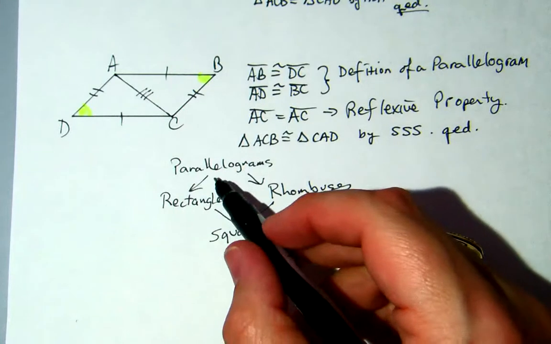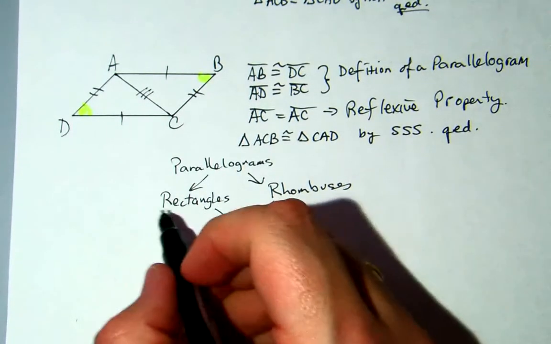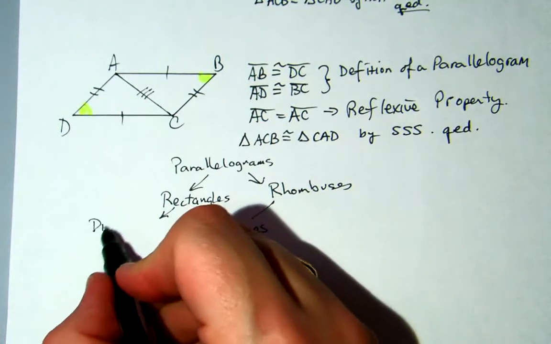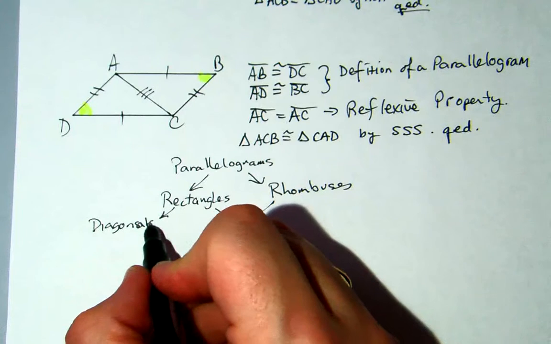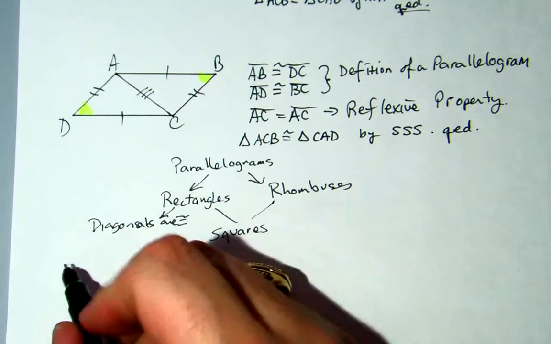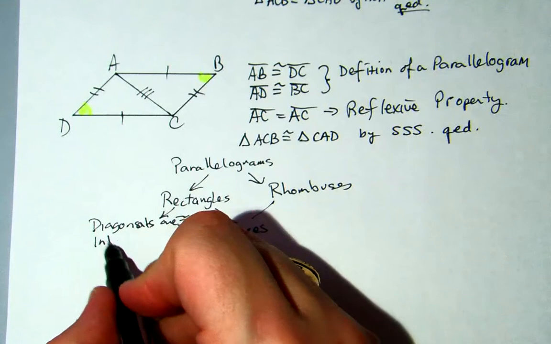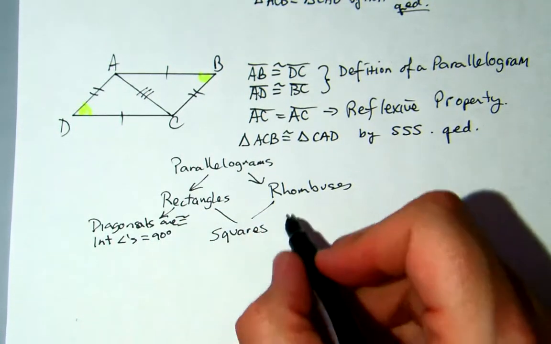Because a square is a parallelogram, a rectangle is a parallelogram, a rhombus is a parallelogram. You just have to remember that a rectangle has special features. Diagonals are congruent, and interior angles are equal to 90 degrees.